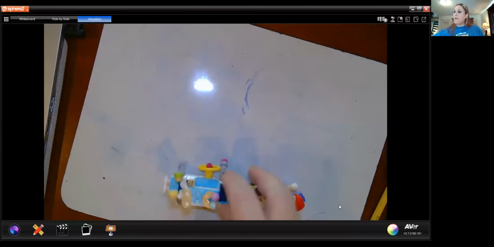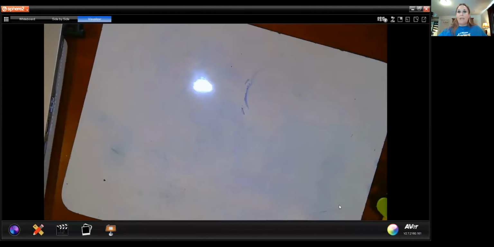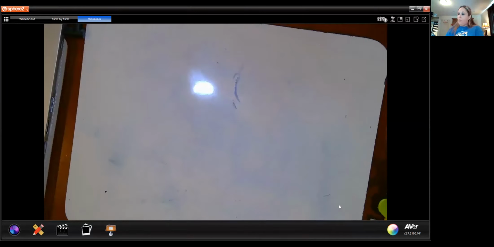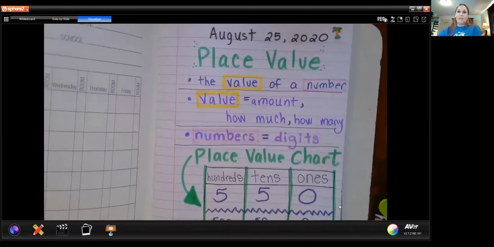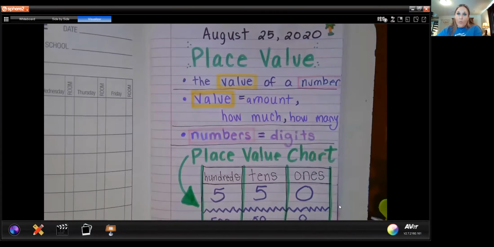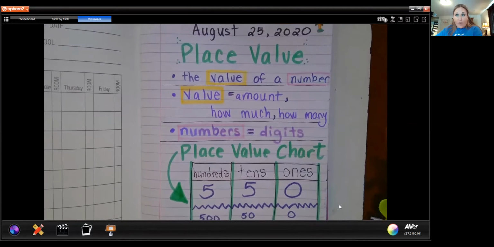So why else might we use the place value system? So think of that word value. What does value mean? Okay, so let's look back in our math notebook. The first time we started taking notes in our math notebook, we learned the idea of place value.